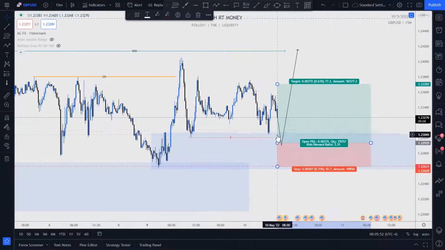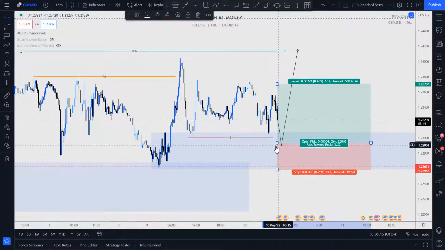Price comes all the way down here. It could react to this block here, but I think it's going to come down lower. I'm going to look for the unmitigated zone here, and after price comes in to take out those equal lows, I'm definitely going to put my stop loss down here.